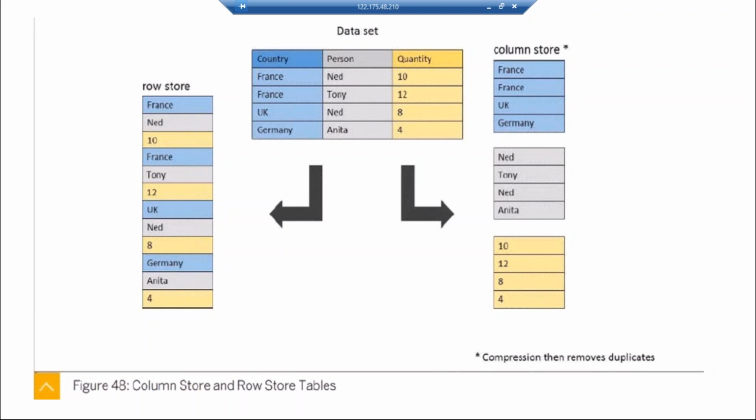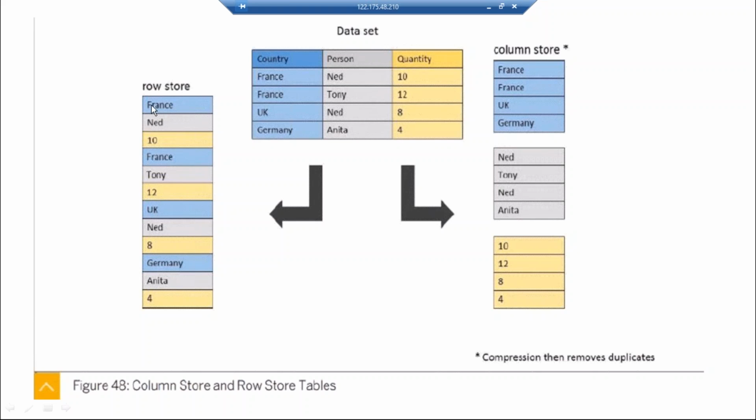Now to understand how the read process is different in these two, take a small example. I'm writing a select statement like this: select country from the table. Whatever the table is, select country from the table. So when you say select country column from the table, if it's a row store table, imagine how the data is read by the system.